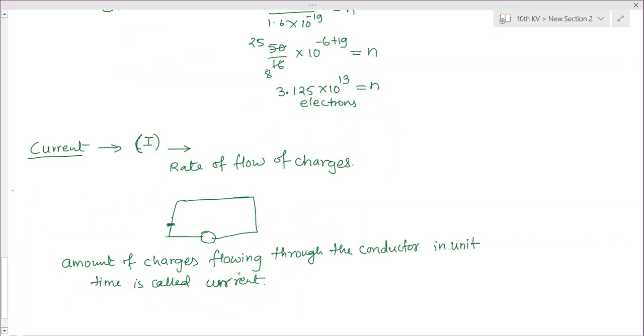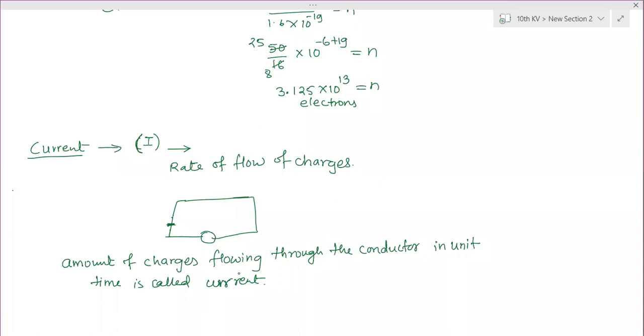So it is a measurement. That is how many charges are passing through the conductor at a particular position. That counting is done per second, how many charges have passed through one particular position, or circulated within the conductor, that is considered as current. Current is a measurement of the quantity per unit time, how many charges are flowing.